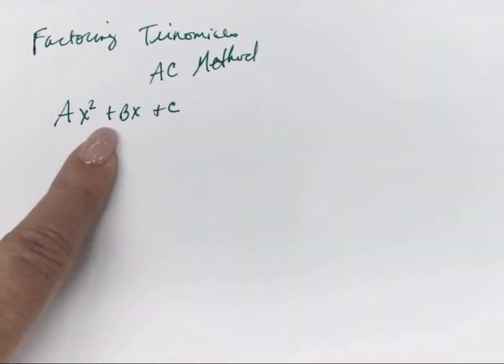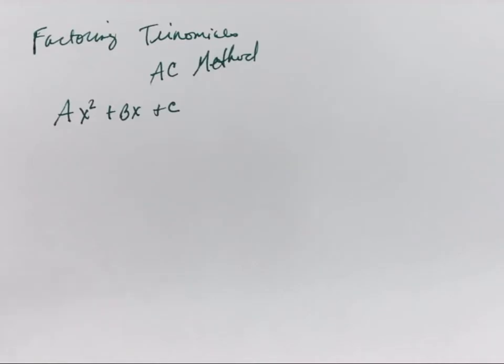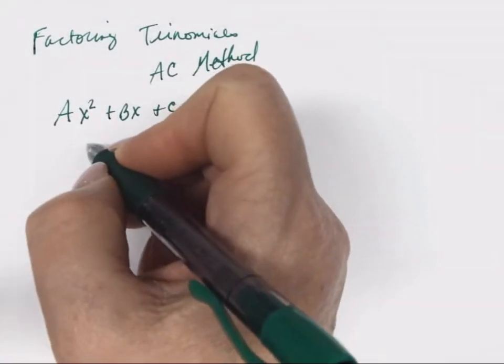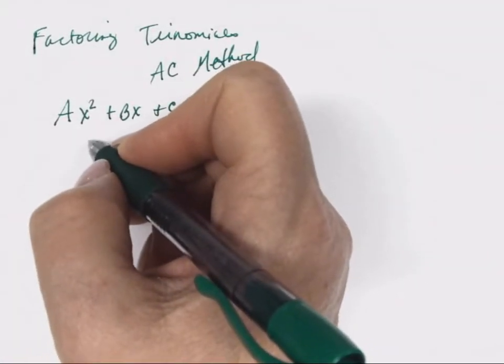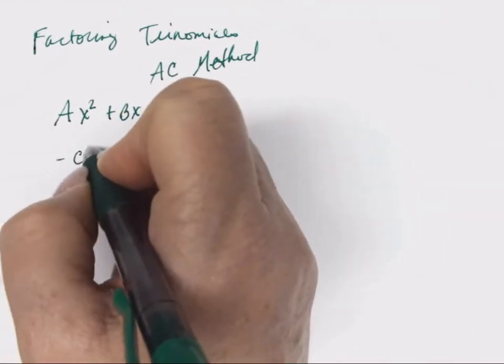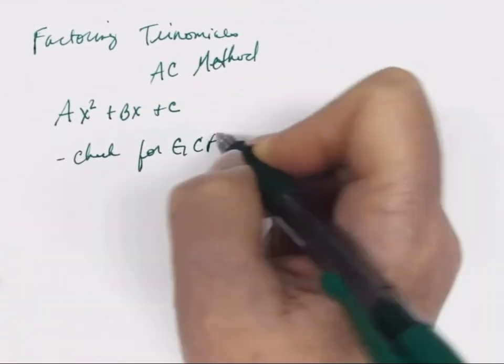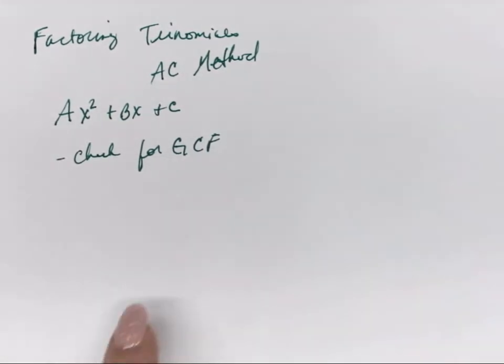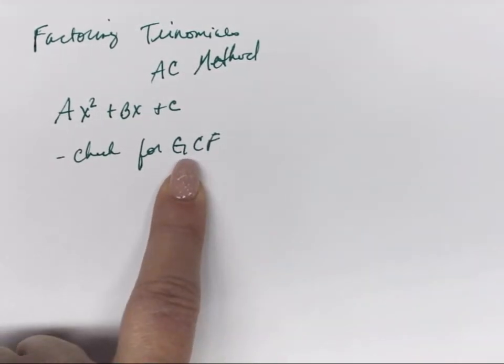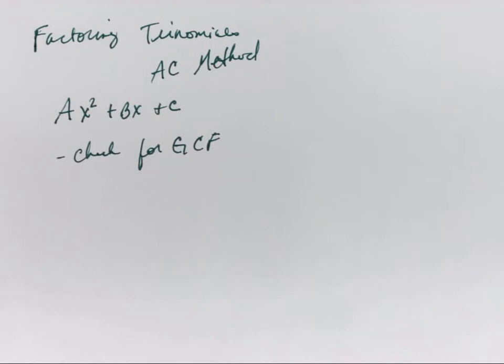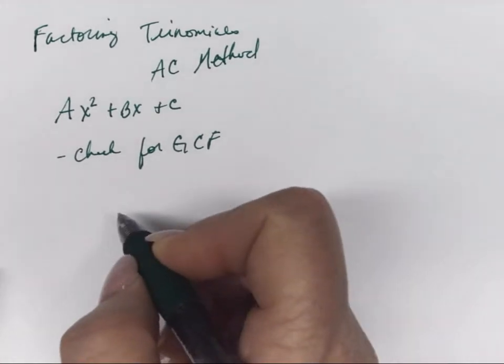That's the format we're going to factor. And the first thing we want to do is always check for a GCF. Remember that GCF is the greatest common factor. So you want to check for the greatest common factor first on any of the problems to make sure it doesn't simplify down anymore.